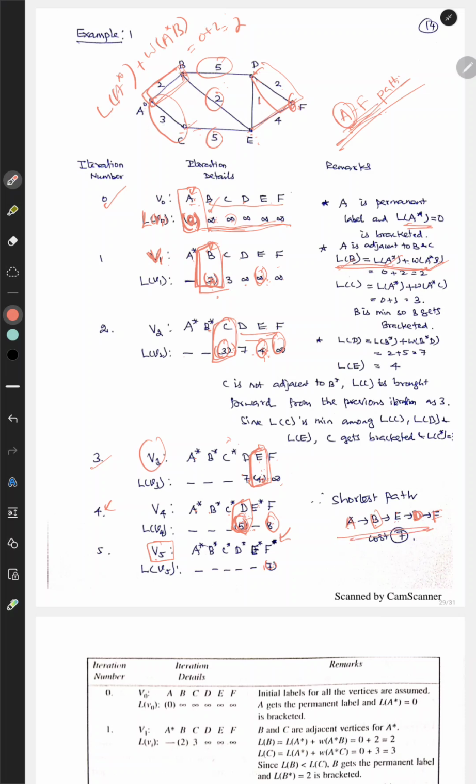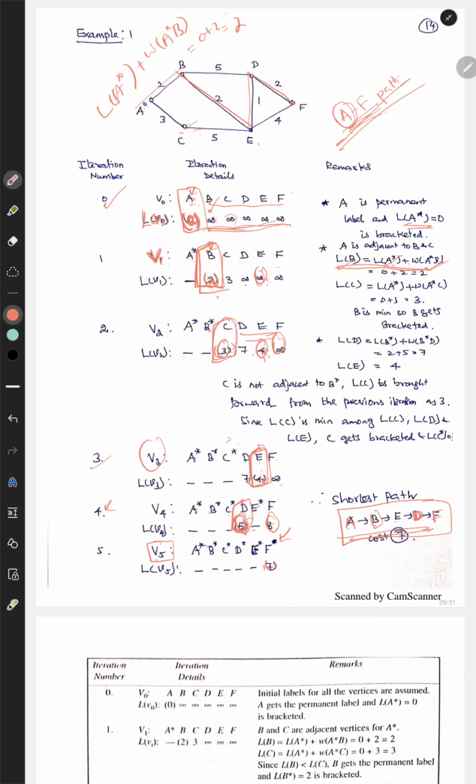If you check the sum of edge weights of this particular path, it is 2 plus 2, 4, 4 plus 1, 5, 5 plus 2, 7. 7 is the shortest path weight you'll be getting.